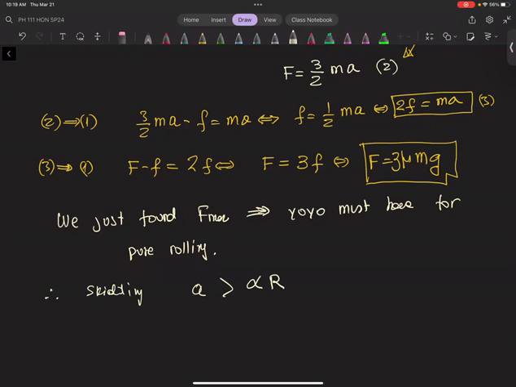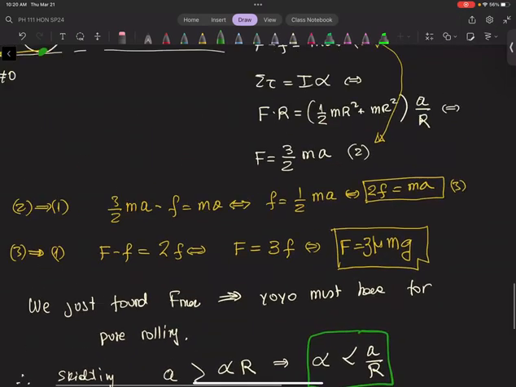Not equal, which is rolling, it will be moving faster than it's rolling, or it will be accelerating faster than its angular acceleration. Yes, which would mean that immediately the angular acceleration would be less than a over r. Yes? And now do me a favor and take this inequality now and go back and put it there.